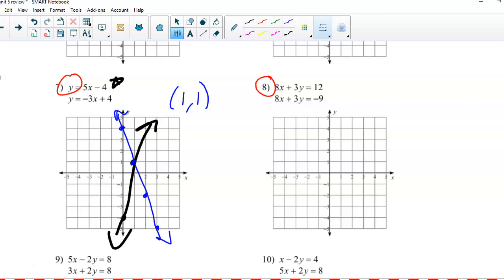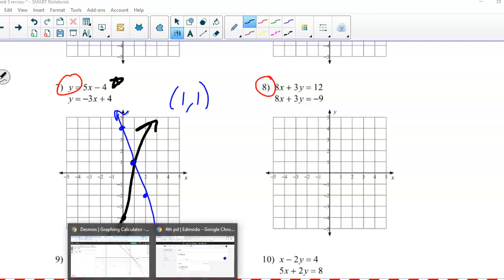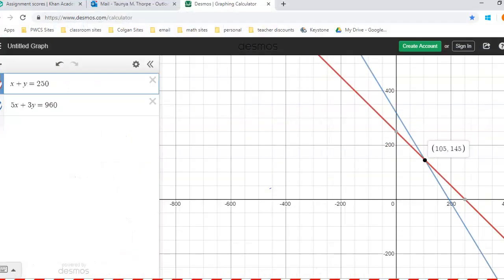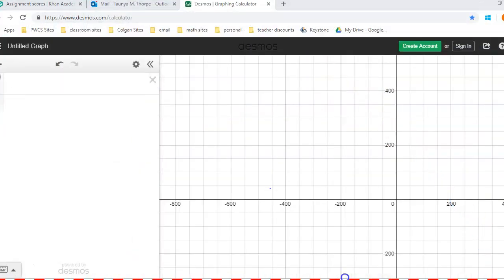And then for number 8, if you're solving it in your calculator or graphing it in your calculator, you would need to solve this for y. But if you're using Desmos, you don't need to do that, and you can just put these 2 in.